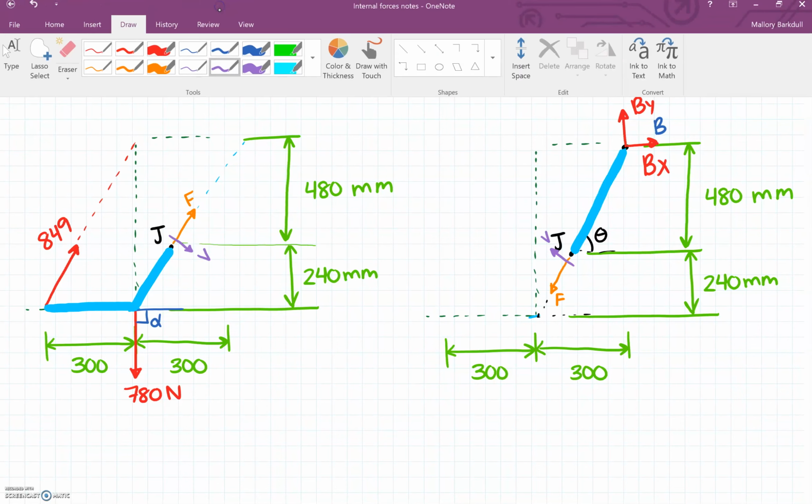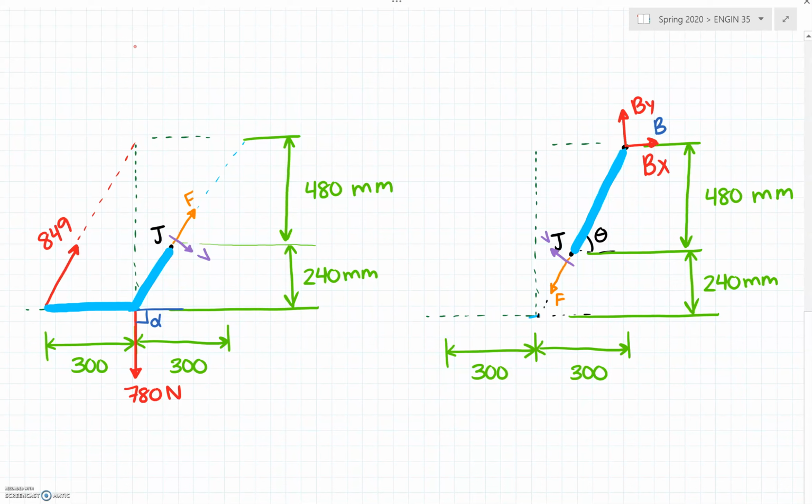And lastly, I'm going to have a bending moment on each of these members, going this way here and the opposite way here.